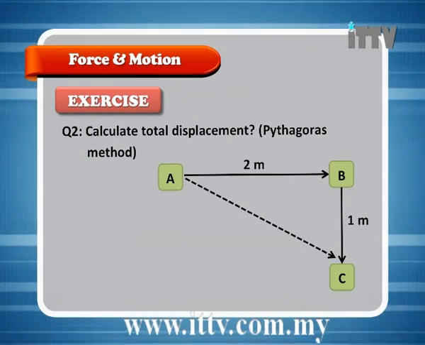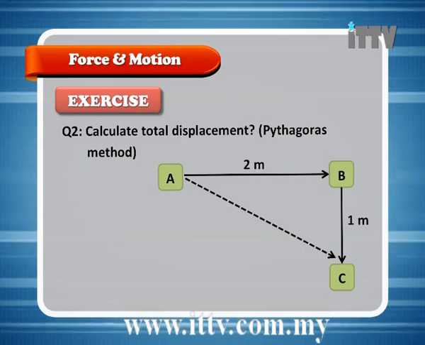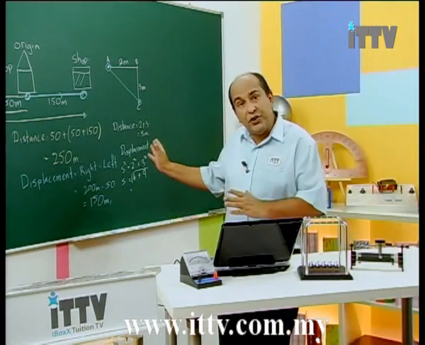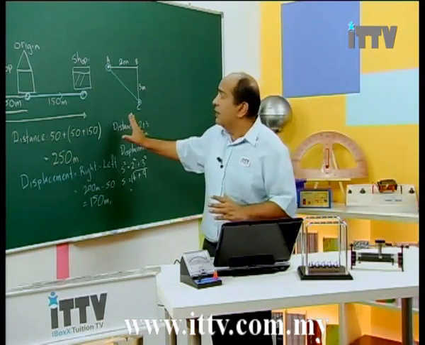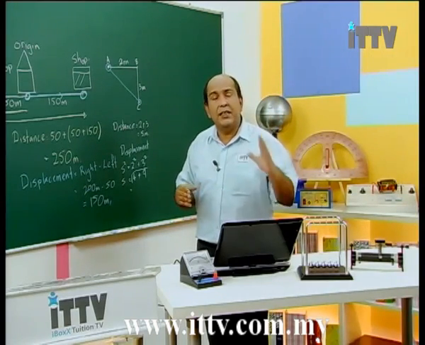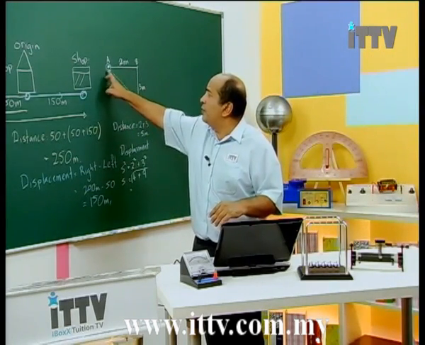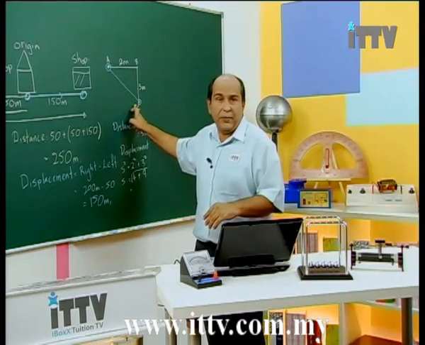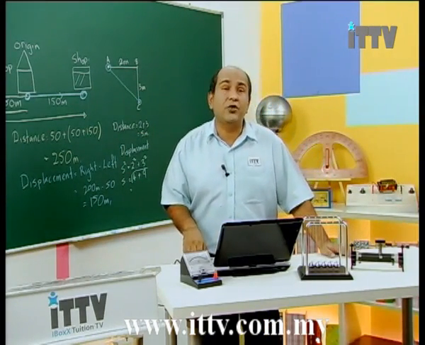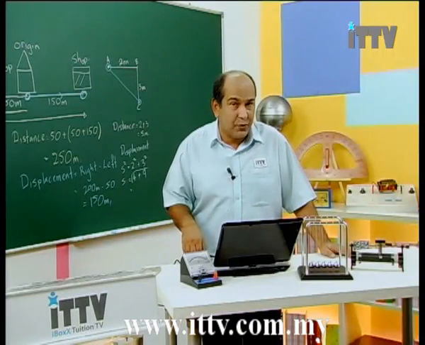Calculate the total displacement. Pythagoras method. So we've got the same question like here, but we want the displacement. Remember, the displacement is your distance from your origin to your final position. So remember, just use Pythagoras, which is a squared equals b squared plus c squared.